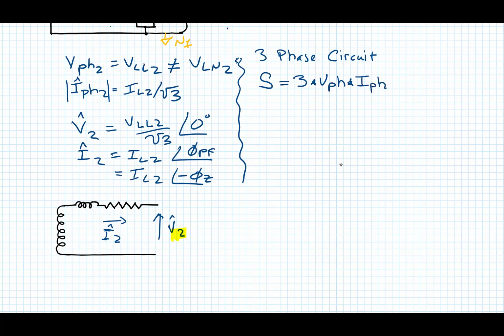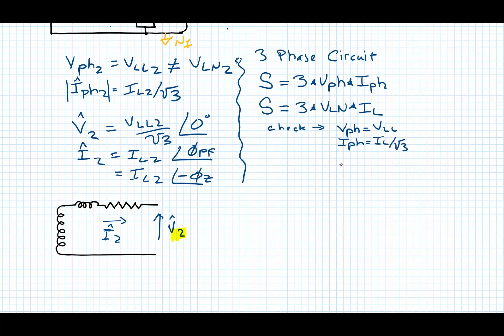In order for our line to neutral circuit to work, that power would have to be also 3 times V line to neutral times what we're saying is the I line. So let's check ourselves here. V phase is equal to V line to line. I phase equals I line divided by square root of 3.